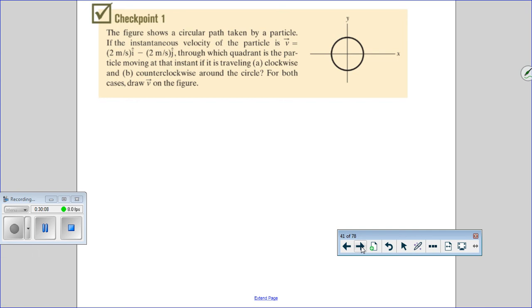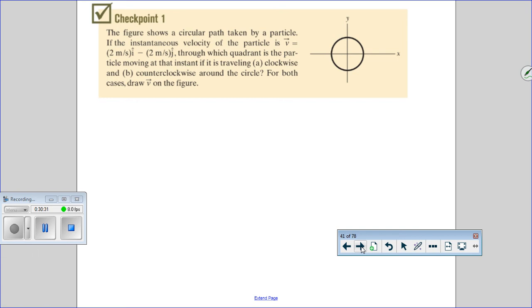All right, so think about this. If it's going clockwise, in which of these three quadrants would it be if this is the velocity vector? So which way is this thing pointing? 2i minus 2j, here's my velocity, right?